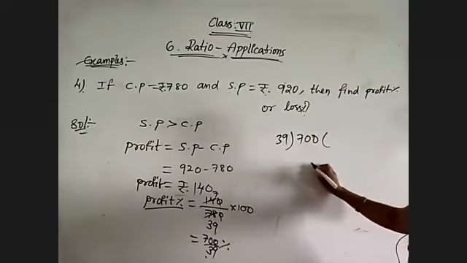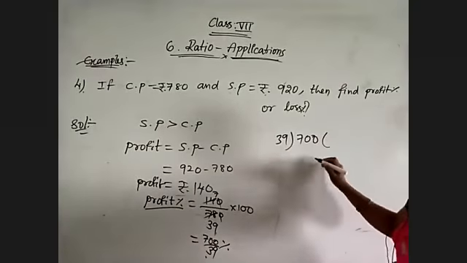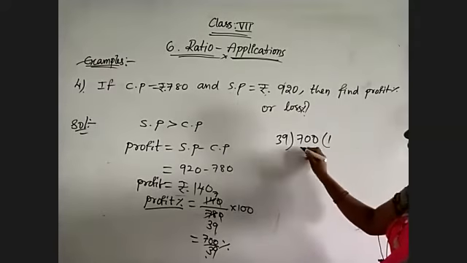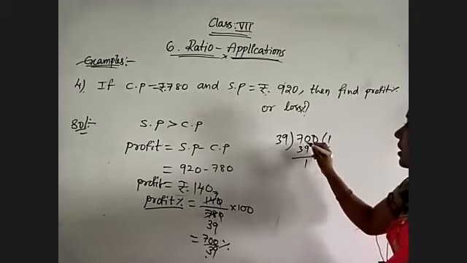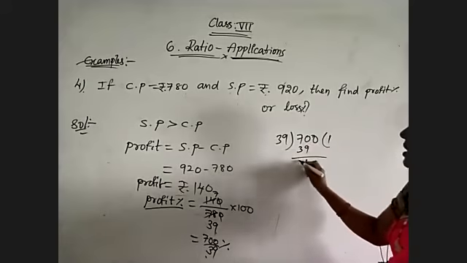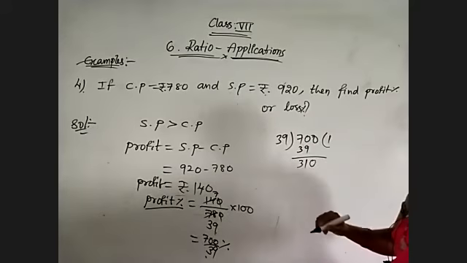39 2s are 78 we will get, so 39 1s are 39 is sufficient. And 10 minus 9 is 1. Next, 6 minus 3 is 3 and 0, 310.